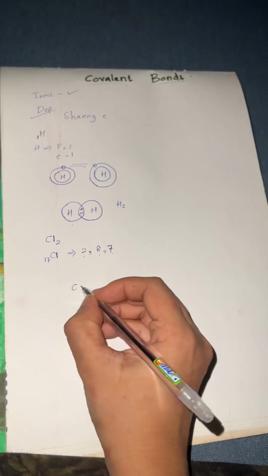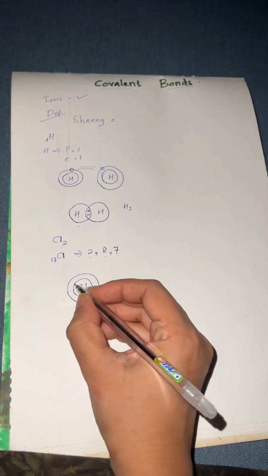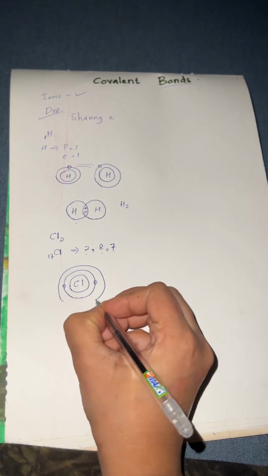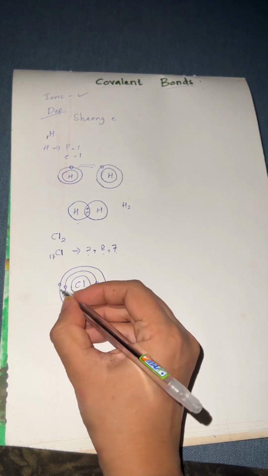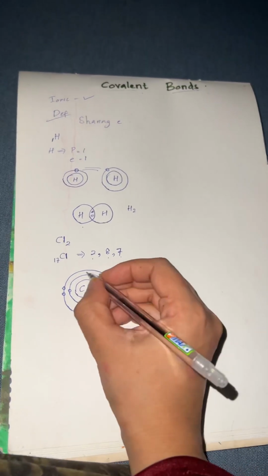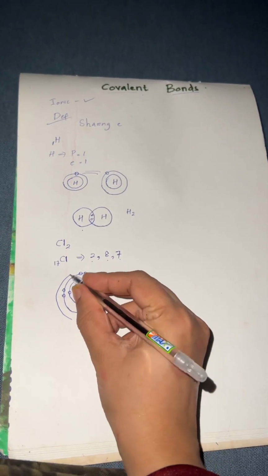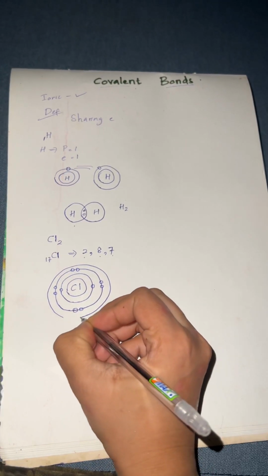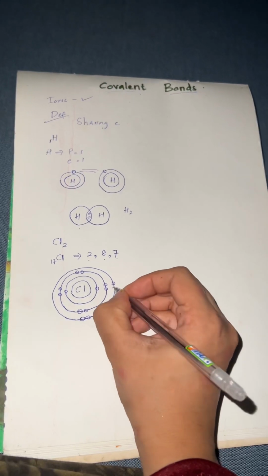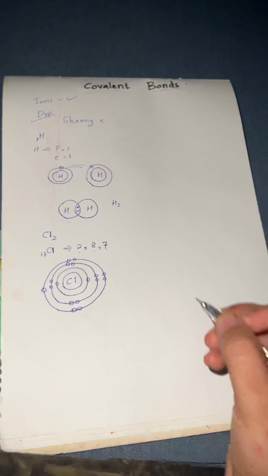So let's consider chlorine. 2 in its first shell and 8 in the second, so it's 10. Now we have 7 here: 6 and 7, so 1 is unpaired.